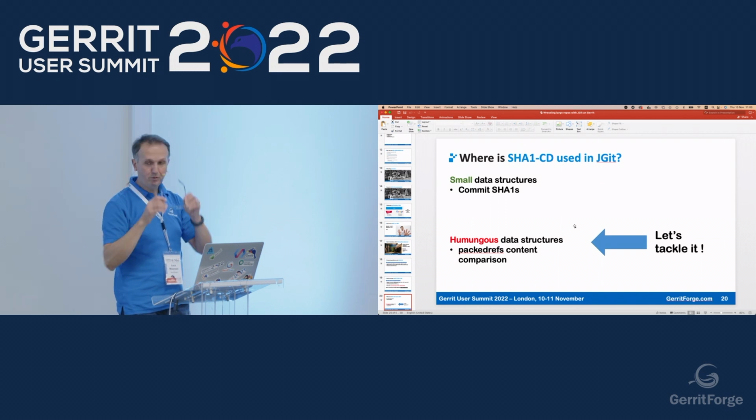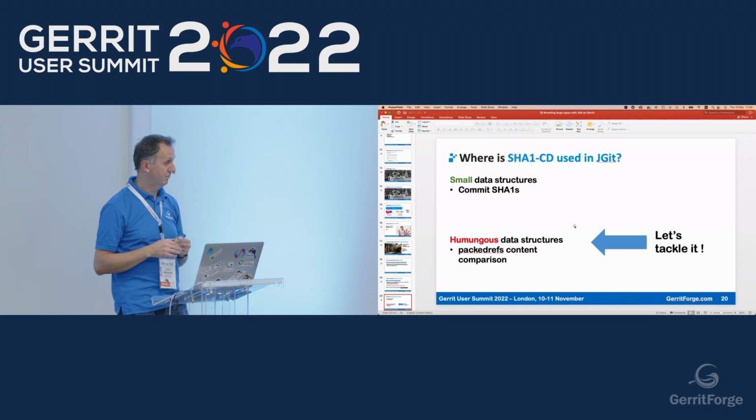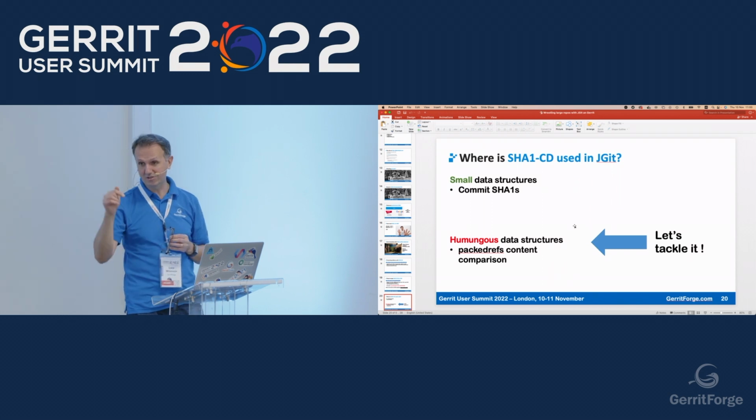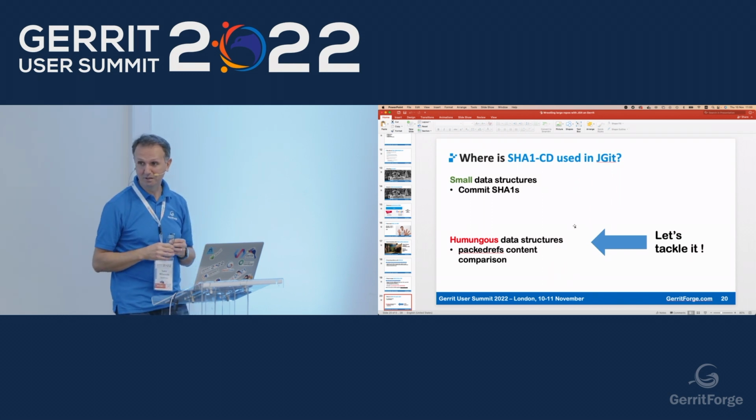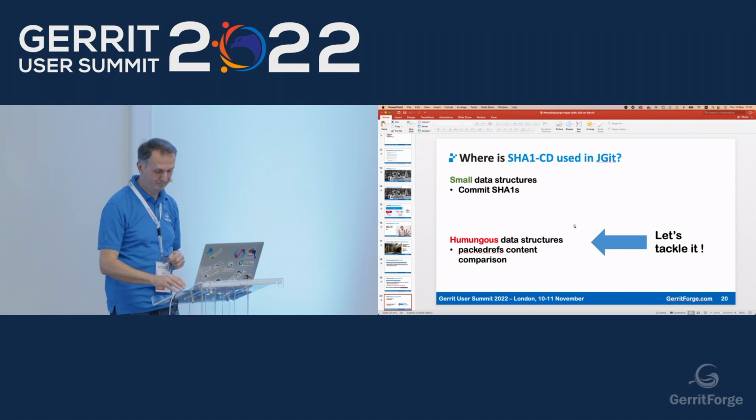If you wonder how many times Gerrit reads packed refs, you will be amazed: every time Gerrit needs to read an entry in cache, it reads the packed refs from the file system, which is surprising and scary at the same time, and every time it calculates the SHA-1 with collision detection on that file.